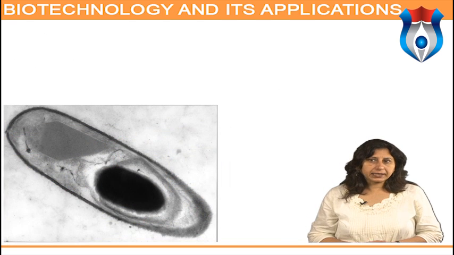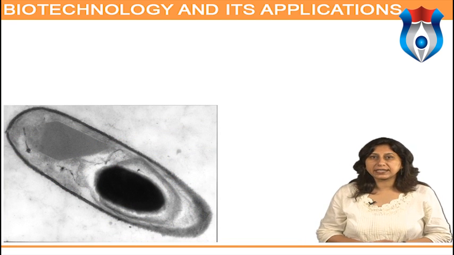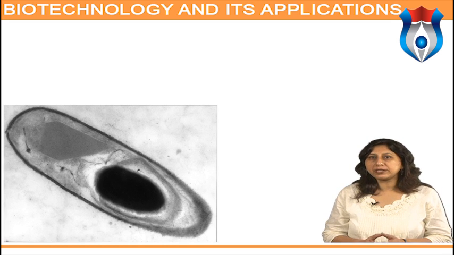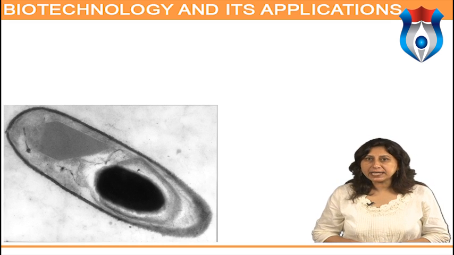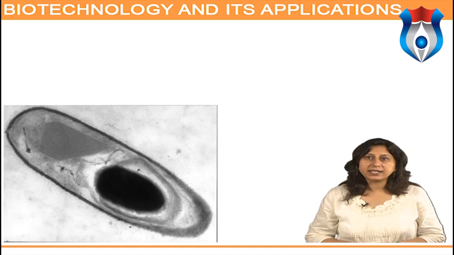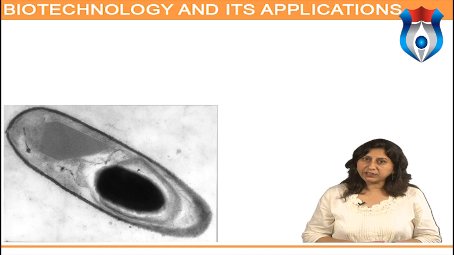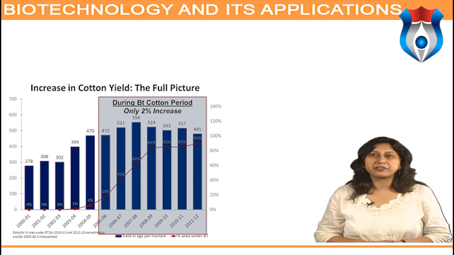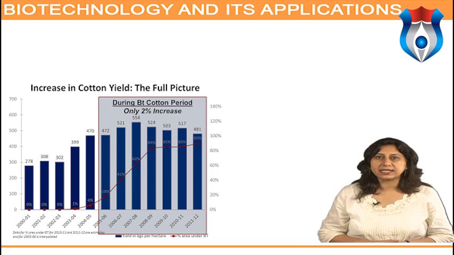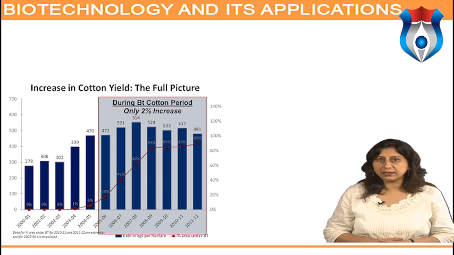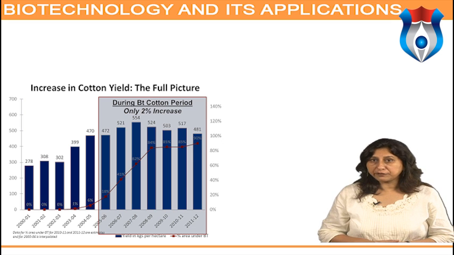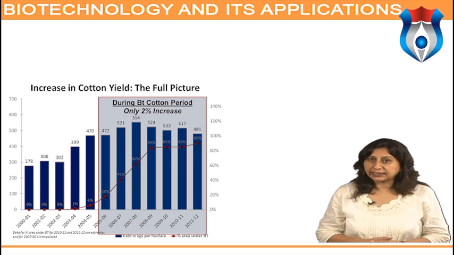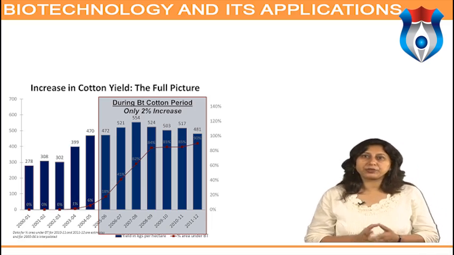The toxin in Bt cotton exists in nature within the microorganism Bacillus thuringiensis. The Japanese bacteriologist Ishiwata Shigetane first discovered it in 1901. Subsequently, in 1915, a German scientist named Ernst Berliner isolated this toxin from a dead moth in Thuringen region of Germany, and thus the name Bacillus thuringiensis.